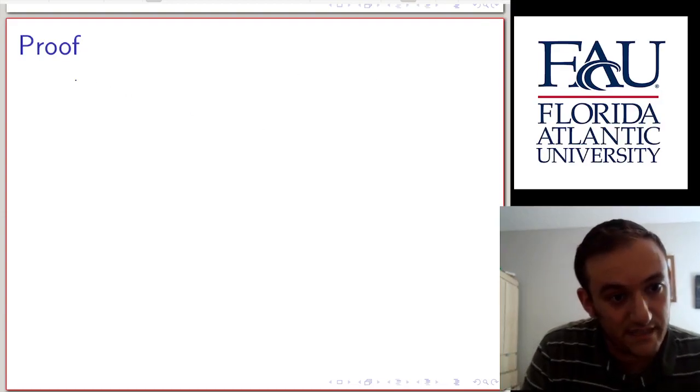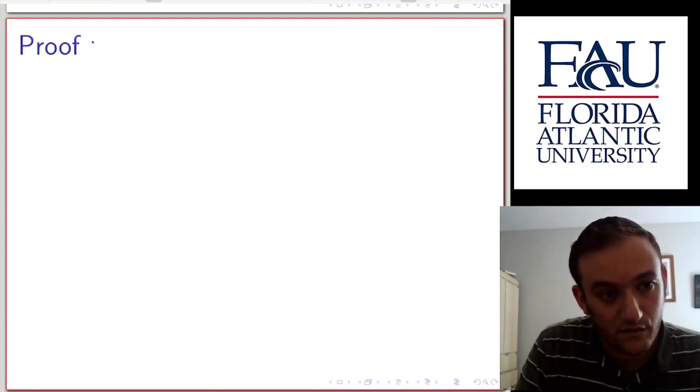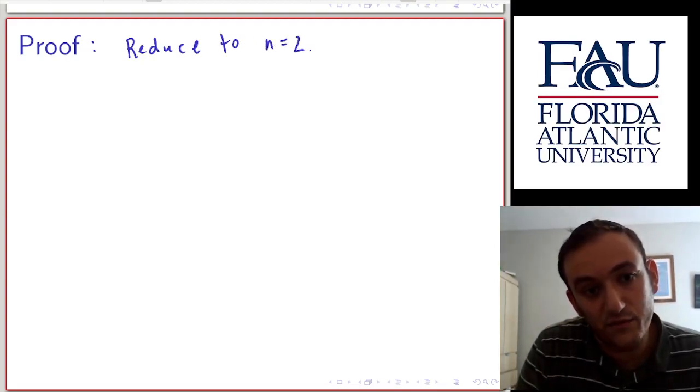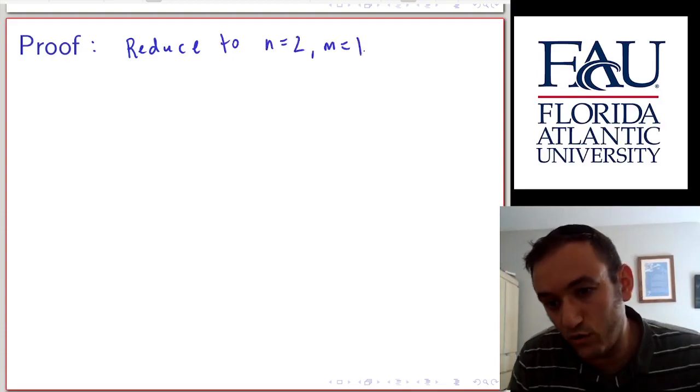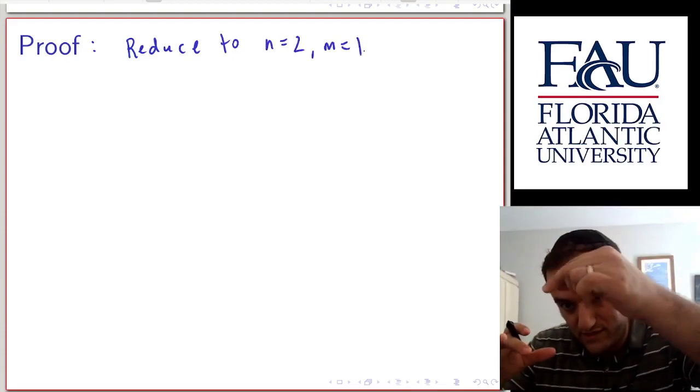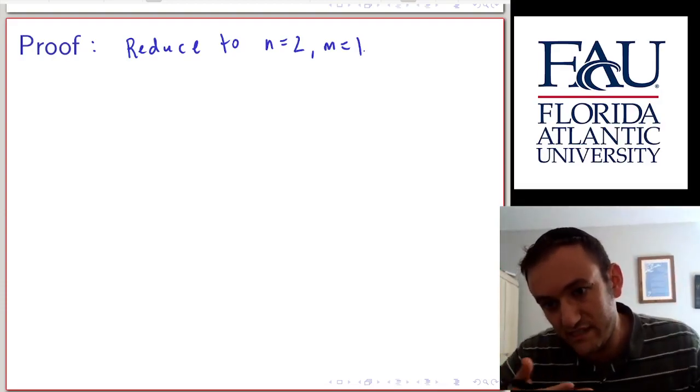Okay, so the first thing that we'll do is reduce to n equals 2, m equals 1, right? You don't need the whole chain, you just need to know that if you have 2 and 1, you can step down, because that's enough to extend any chain.